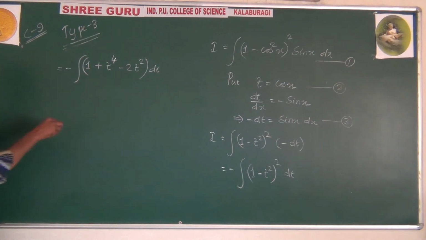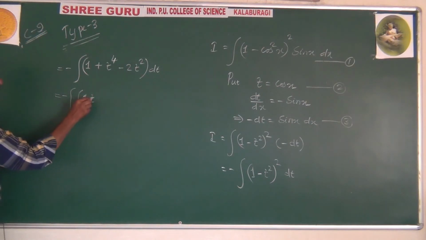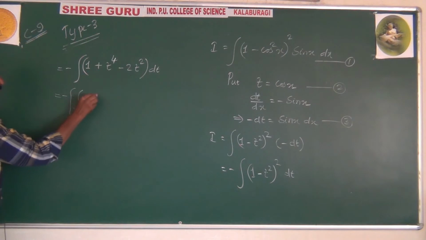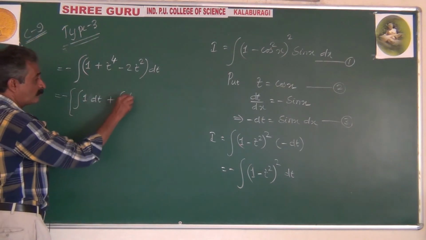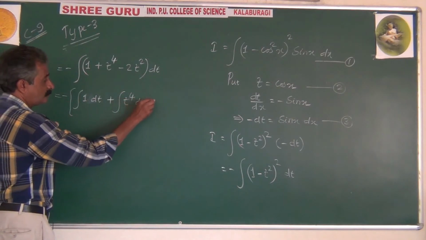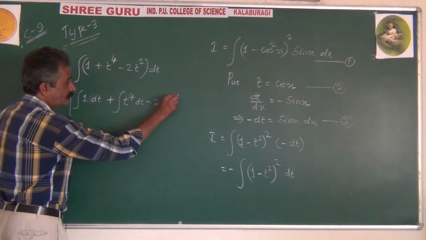Now we can split into 4 integrations with minus completely outside. First one, minus of bracket integration of 1 dt. Next one, integration of t power 4 dt minus 2 into integration of t square dt.